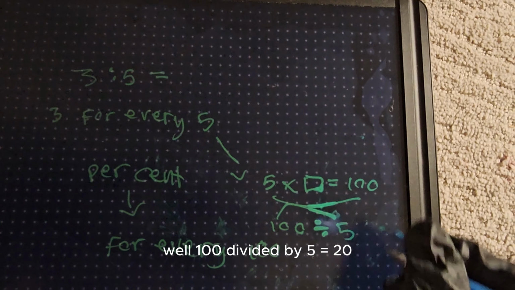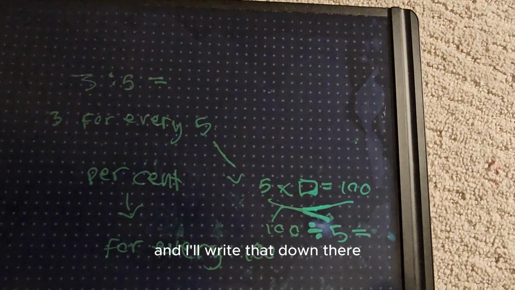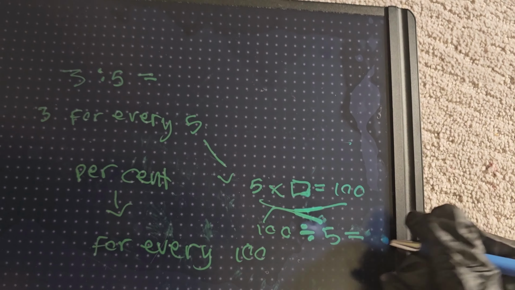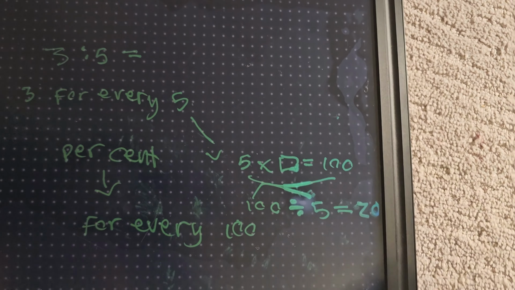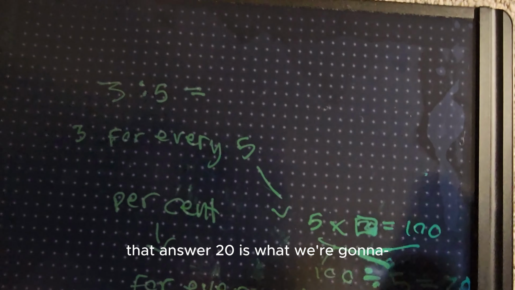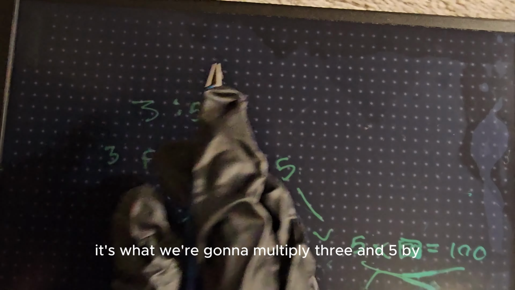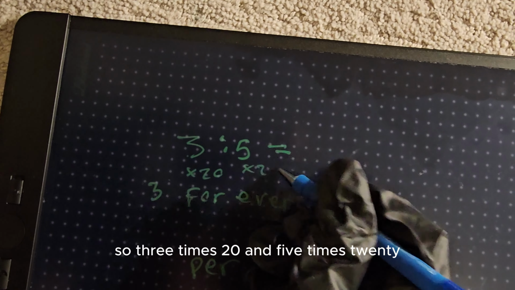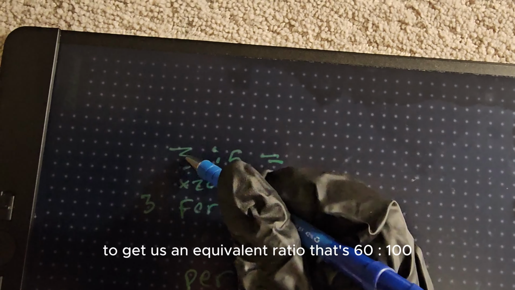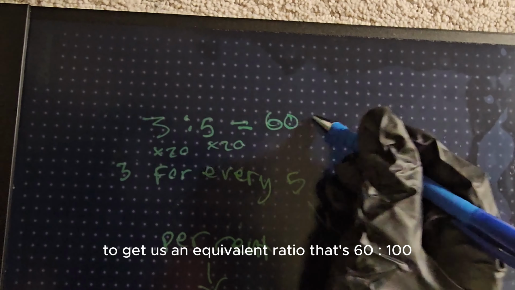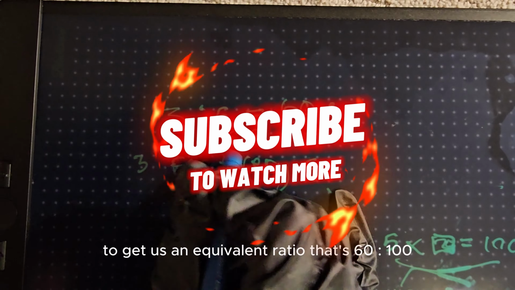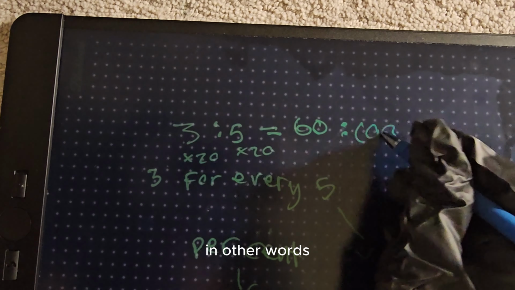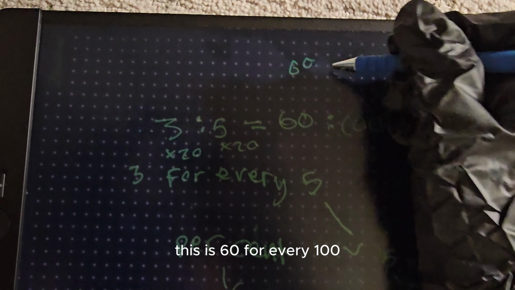Well, 100 divided by 5 equals 20. That answer, 20, is what we're gonna multiply 3 and 5 by. So 3 times 20 and 5 times 20 to get us an equivalent ratio. That's 60 to 100. In other words, this is 60 for every 100.